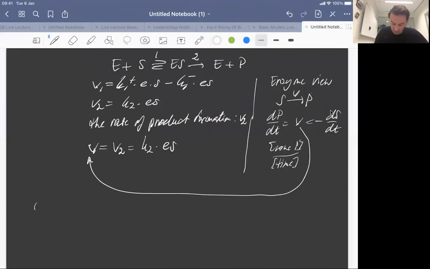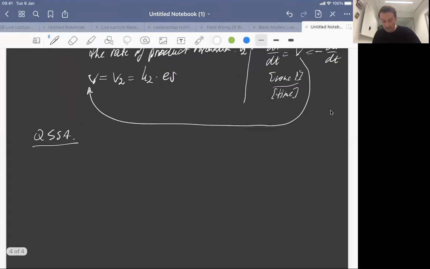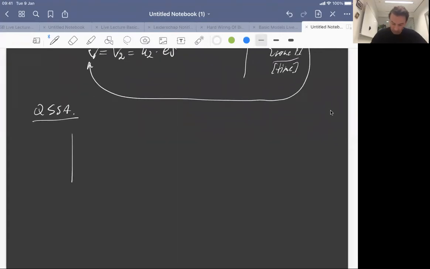And this we can achieve in two ways. There is the quasi-steady state approximation that works in the following way. First we're going to discuss a little experiment. We have a test tube, let's say filled with water, and we're going to throw enzyme in it and substrate, nothing else.